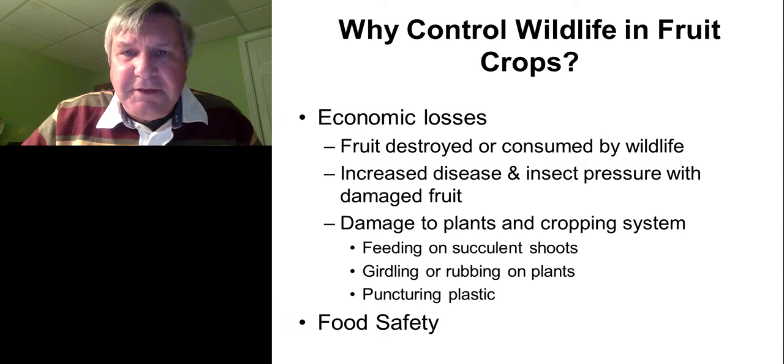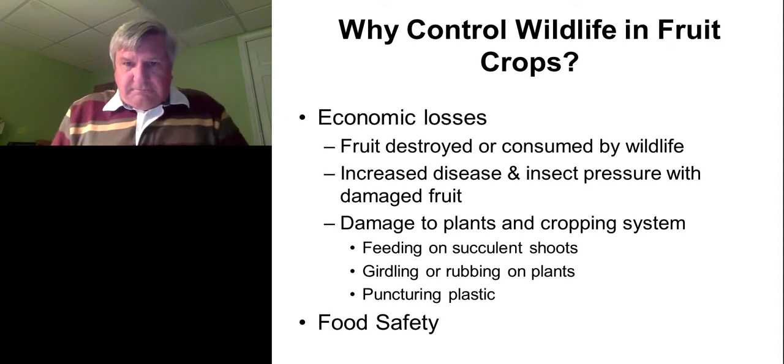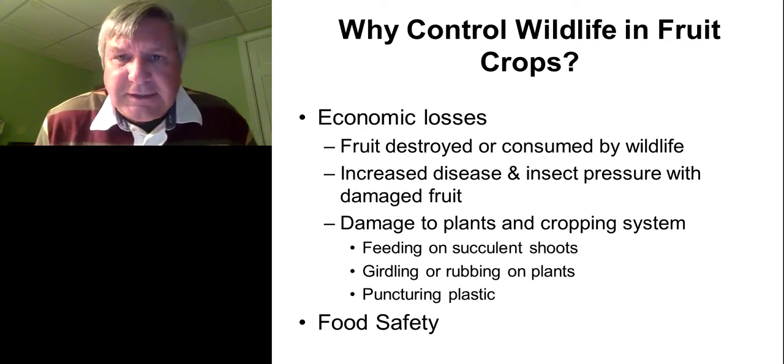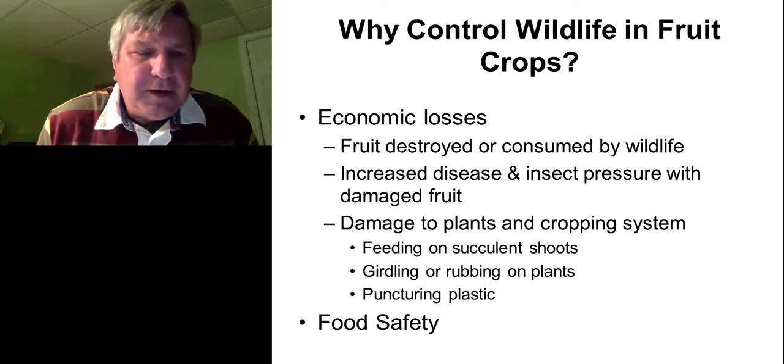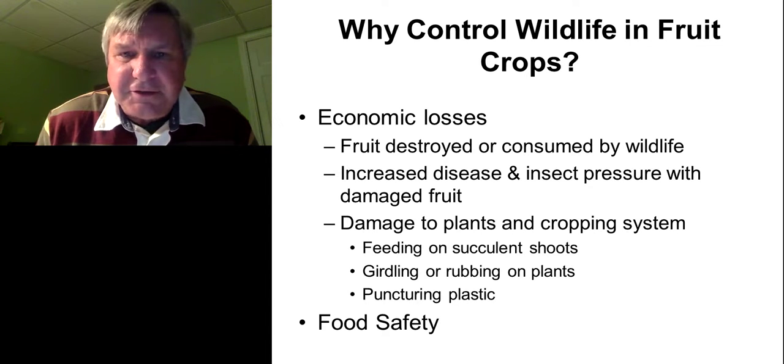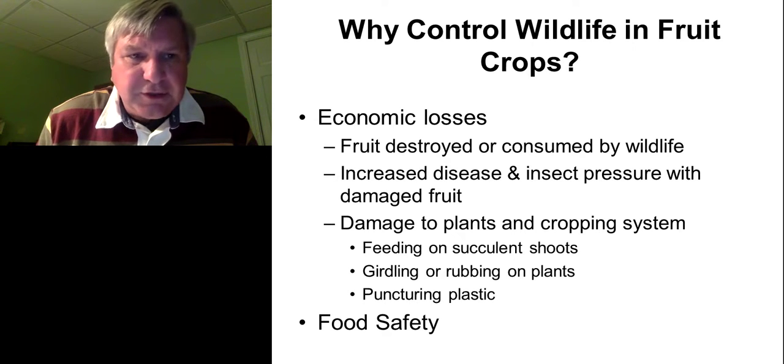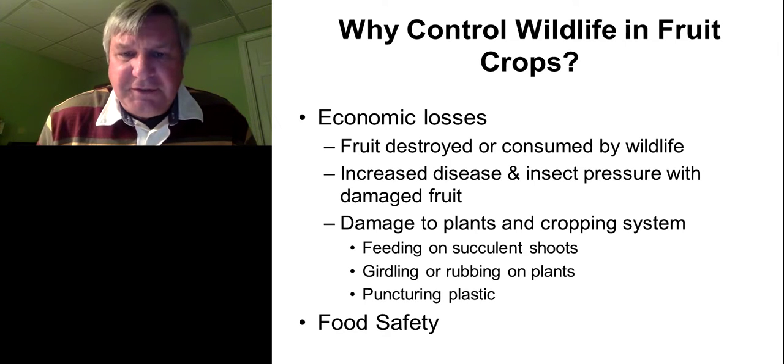The damage can be direct, fruit consumed and destroyed. It could be indirect, increased disease and insect damage. In addition to consuming the crop directly, damage can occur prior to crop development: damage to the shoots, the stems, the plants that produce the crop, girdling, rubbing, gnawing on root systems.